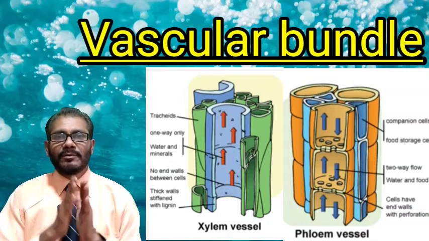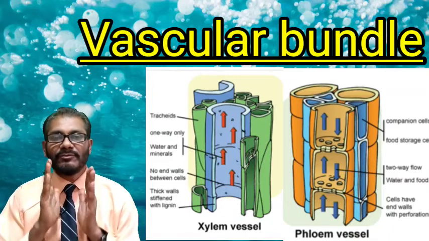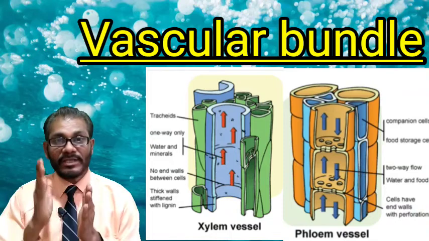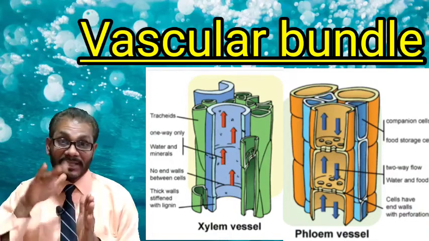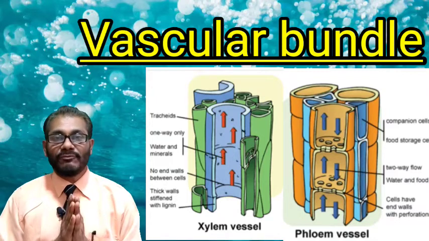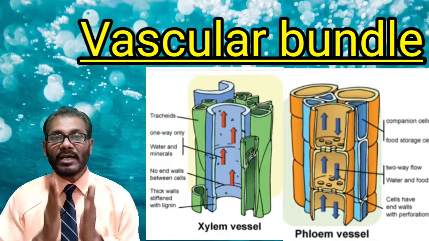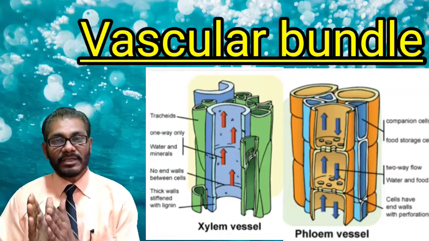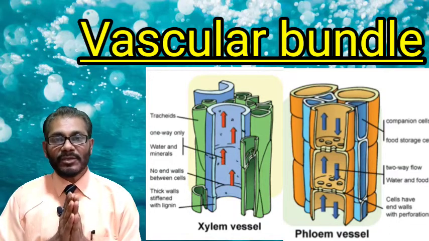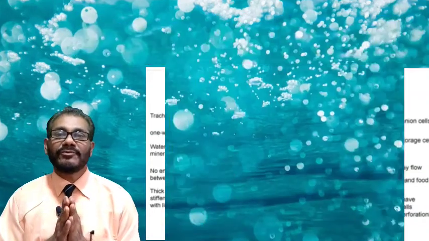So these two particular types of cells, xylem and phloem, we can see in detail in this topic: how they work, what are the functions, what are the types of complex permanent tissue, especially xylem and phloem, and then we will understand how they are situated in the particular cell. So let us see in our NCERT book the detailed structures and functions from the light board.